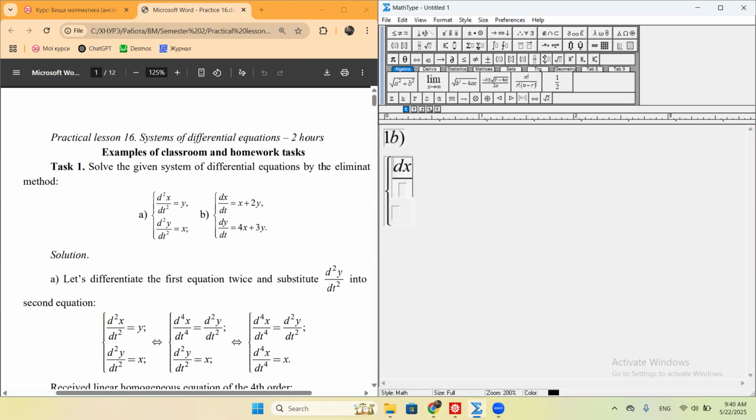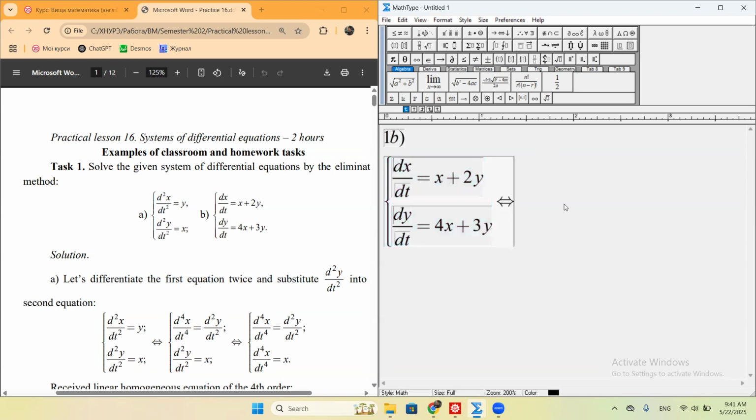So dx by dt equals x plus 2y. dy by dt equals 4x plus 3y. So let's eliminate dy by dt.